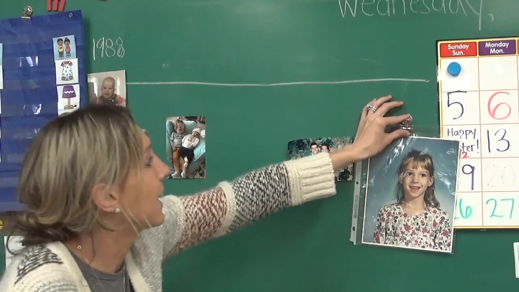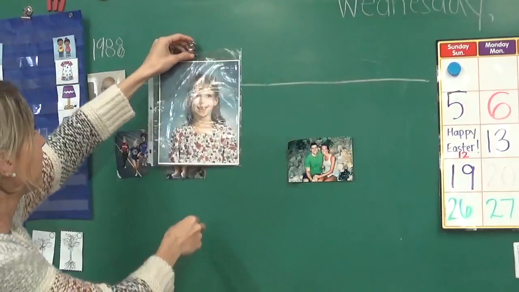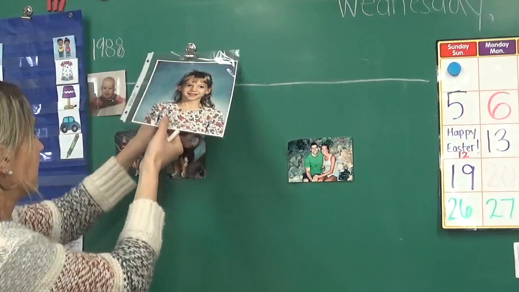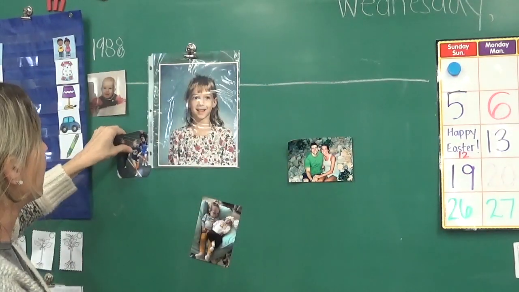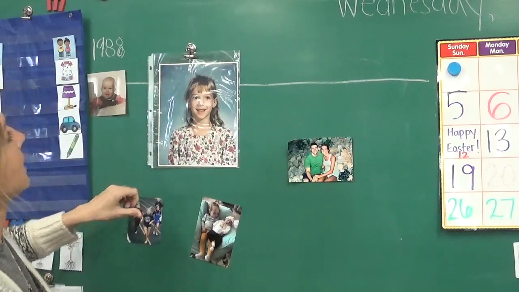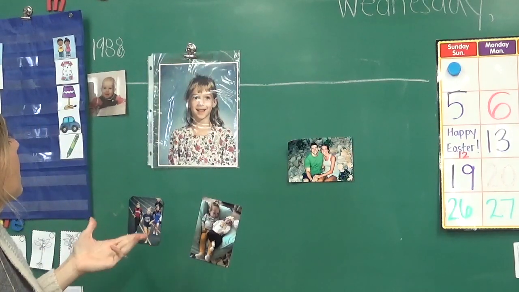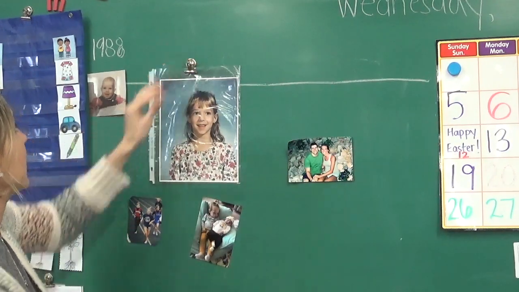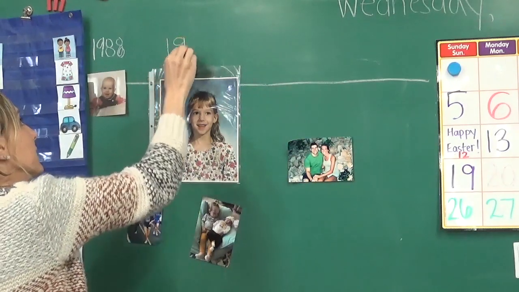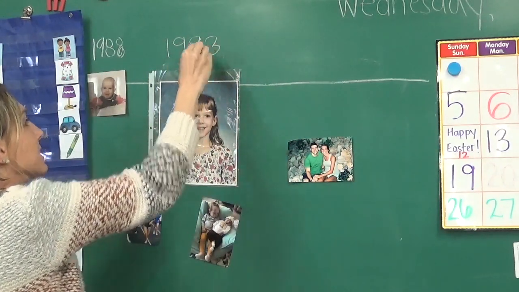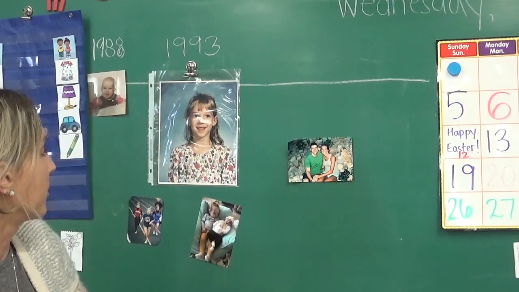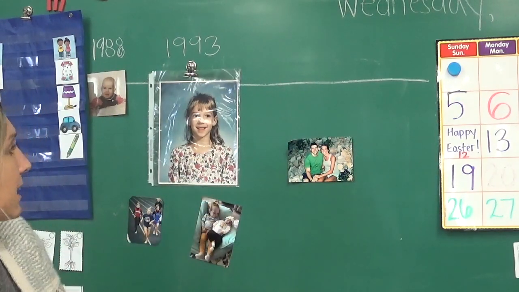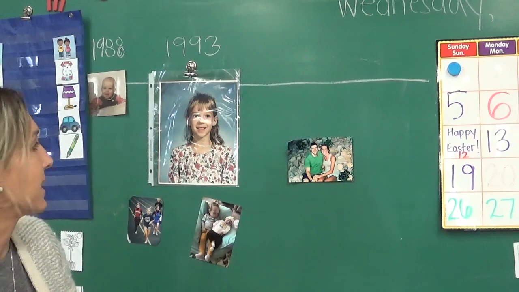Yes, I would have been in kindergarten. And let's see, that would have been 88, 89, 90, 91, 92. This would have been 1993, because Mrs. Manac has a summer birthday. So I was older in my kindergarten class. I turned 6 at the beginning of the school year, like some of our friends.